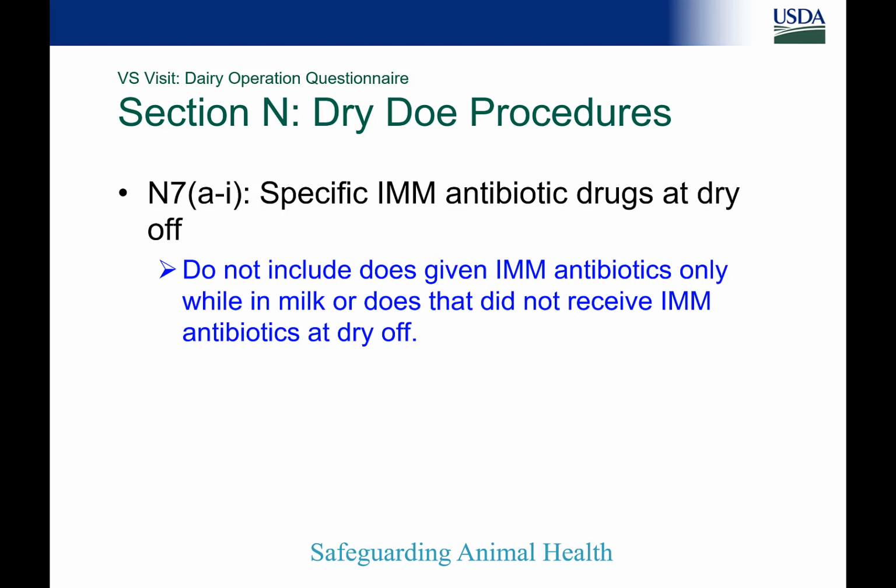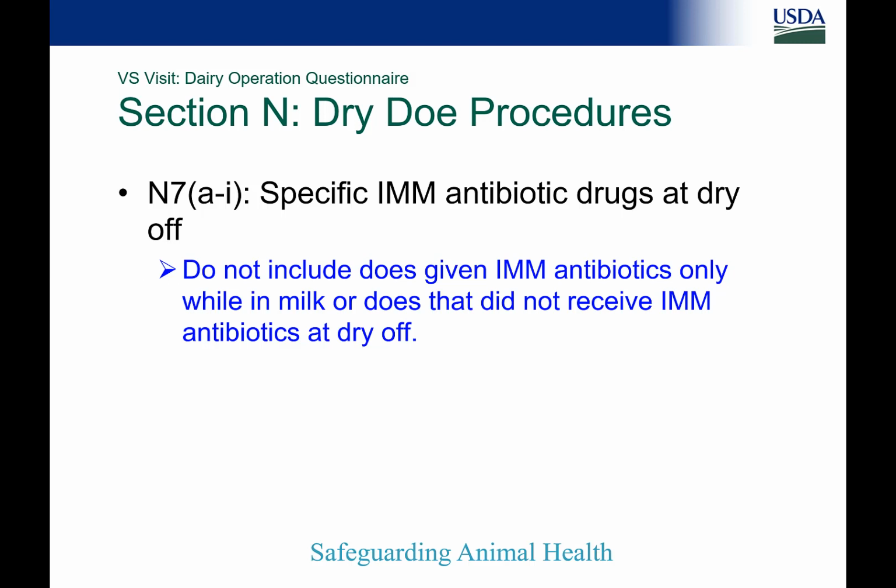If they dry them all off on a set schedule, then you would just put 100% in A. And then that follows up with during the previous 12 months, what percentage of does were dried off using the following methods. Then we have a yes, no. That's pretty straightforward.